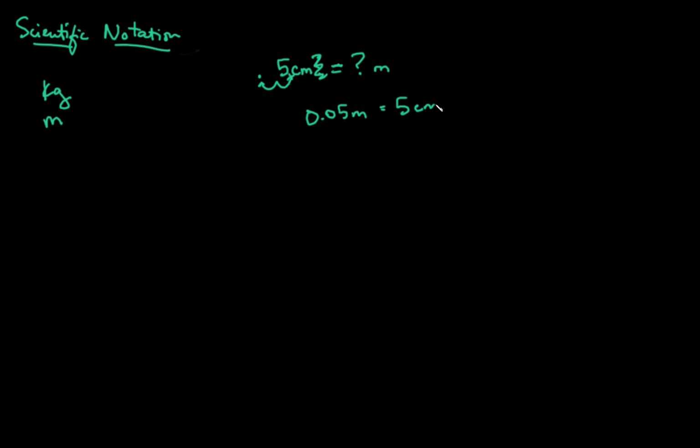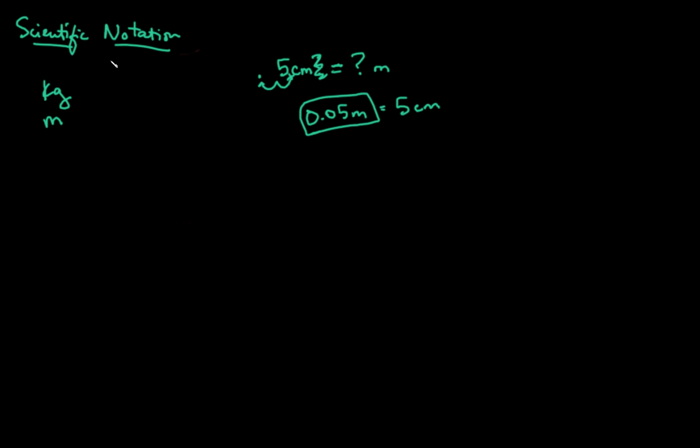So it's not changing anything, right? It's not changing my value, it's just changing the unit. But this is not a good number that we like to use. This does not fit our scientific notation.